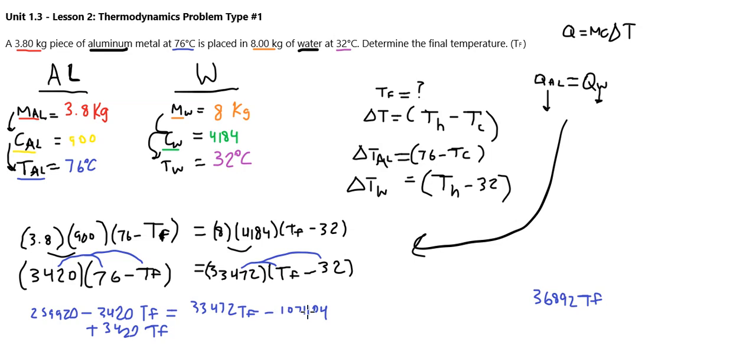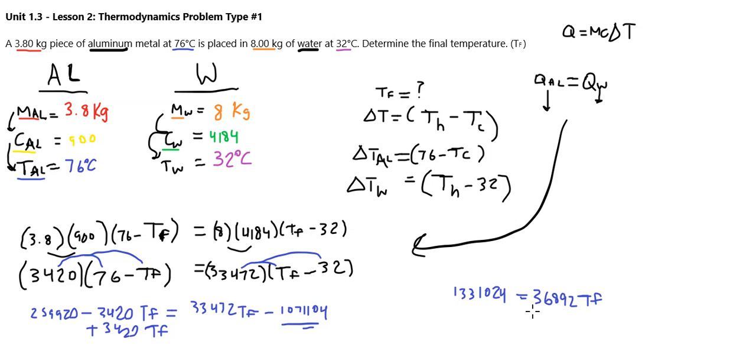We're going to want to add this onto this side. So once we add this 1,071,104 to 259,920, let's see what we get. Okay, now we get 1,331,024.